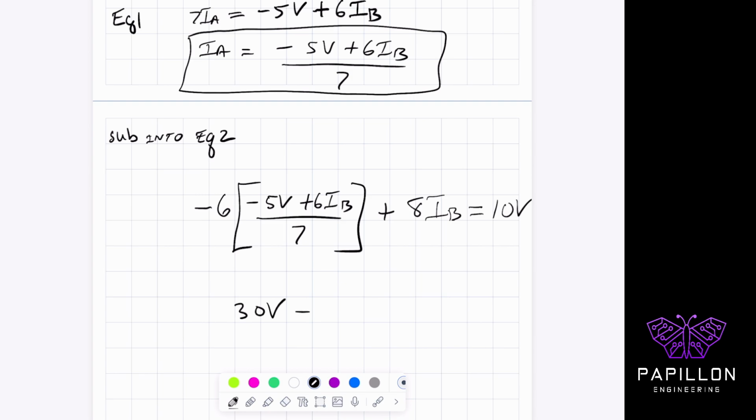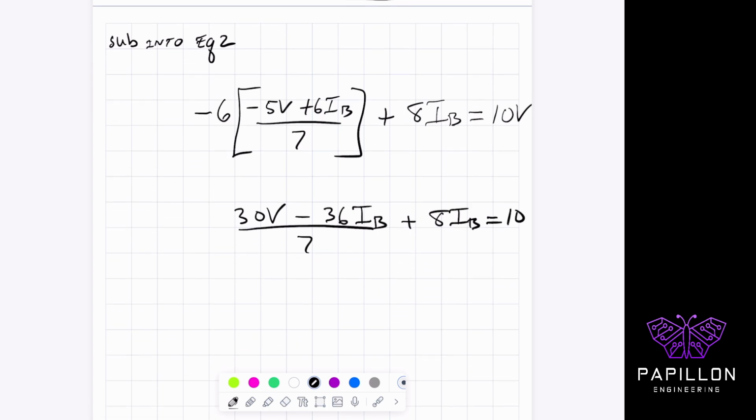Then I have minus 36IB over 7 plus 8IB equals 10. Now we're going to try to simplify this as best we can. I'm probably left with fractions, which is not so fun for some of you, or I can leave it in decimal. So let's just round to 2 significant figures, not to go too wild for now. And then let's see what we get.